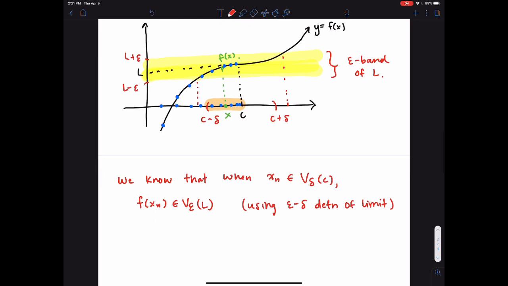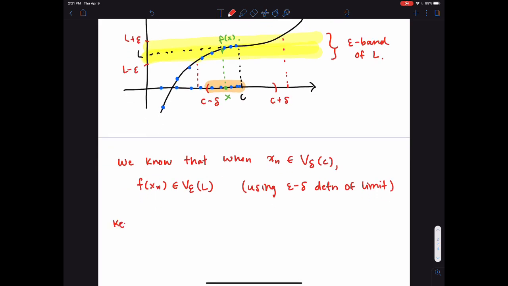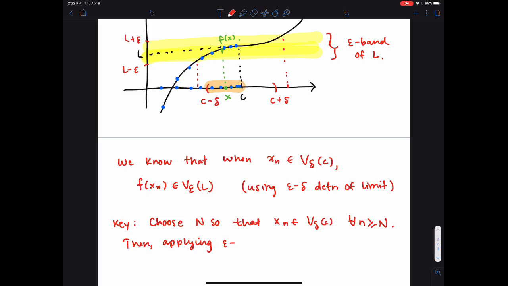So the key is we are going to choose a capital N so that xn is in the delta neighborhood for all n greater than or equal to capital N. Then applying the epsilon delta definition, f of xn will have to be in our epsilon neighborhood.